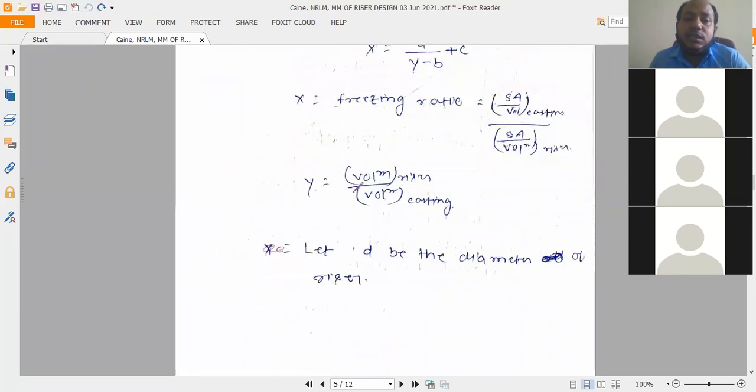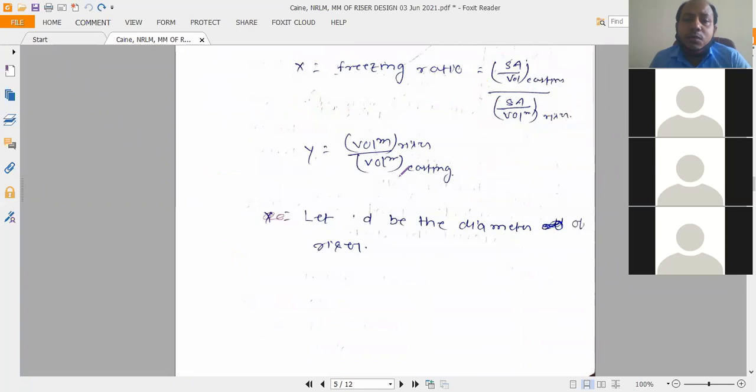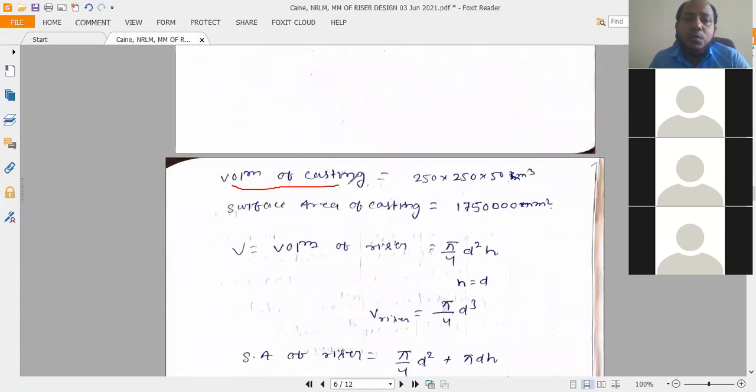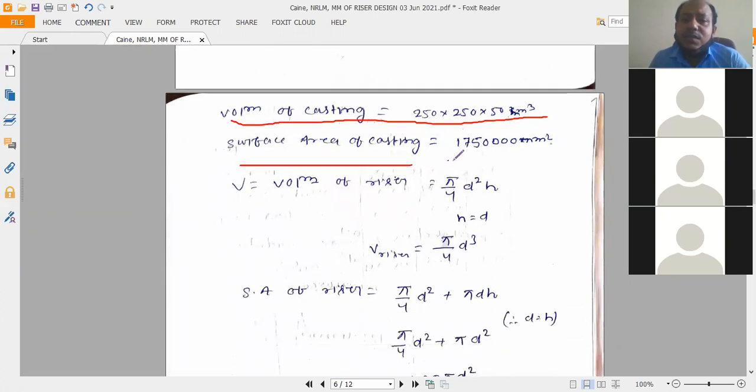How can we see this? y is the volume ratio. Let d be the diameter of the riser. The volume of the casting will be length into width into height. The surface area of the casting will be 2 into (LB plus BH plus LH).